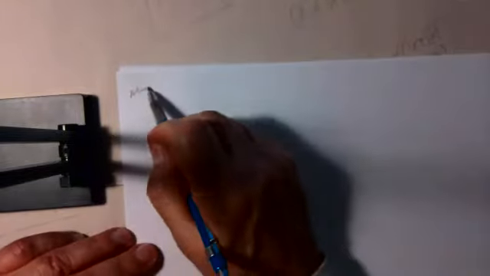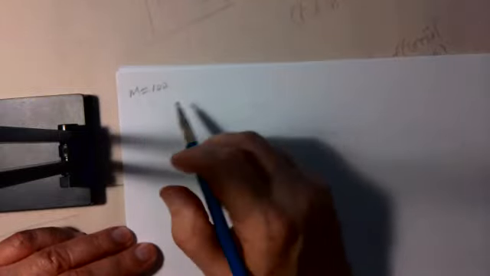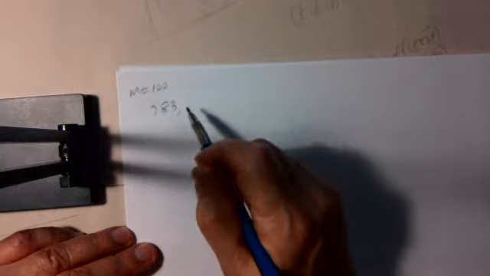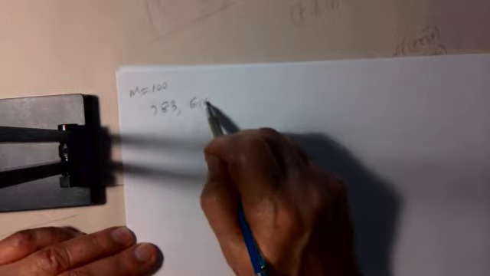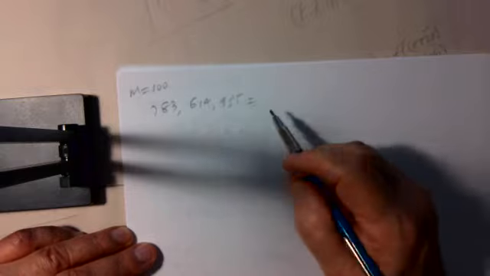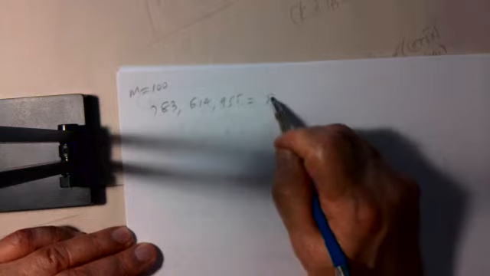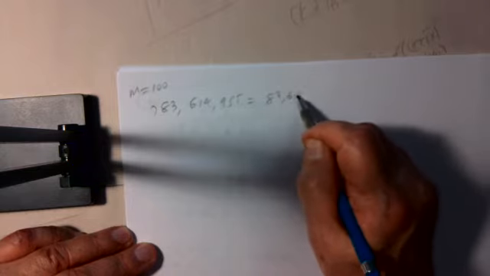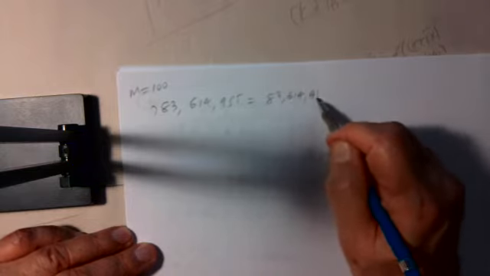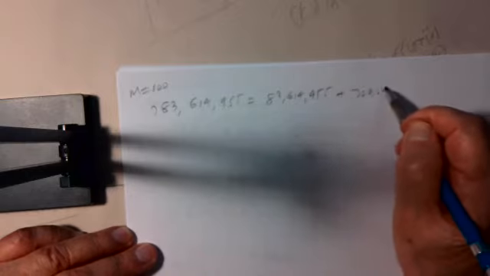So m is 100. The number 783,614,955, what is this equal to? This is 83,614,955 plus 700 million.